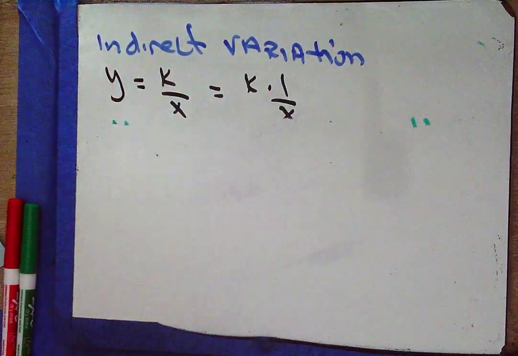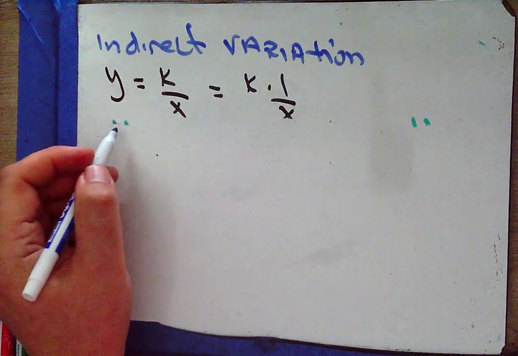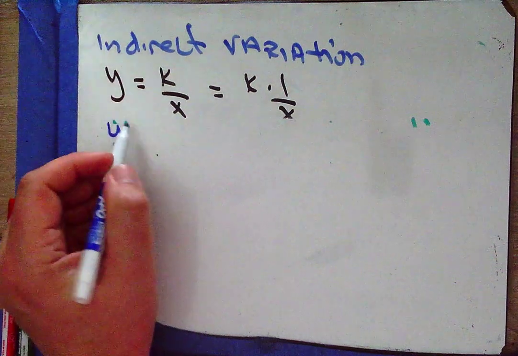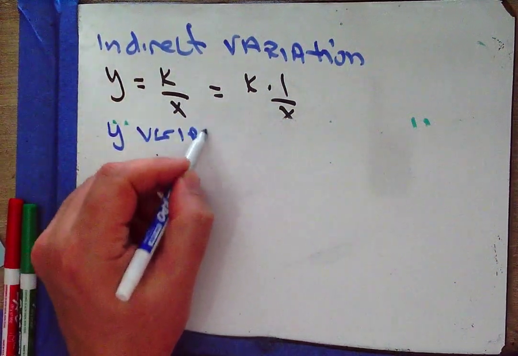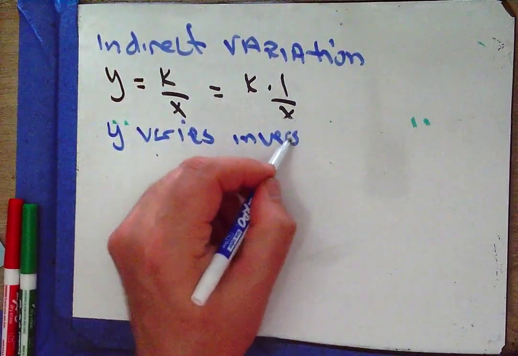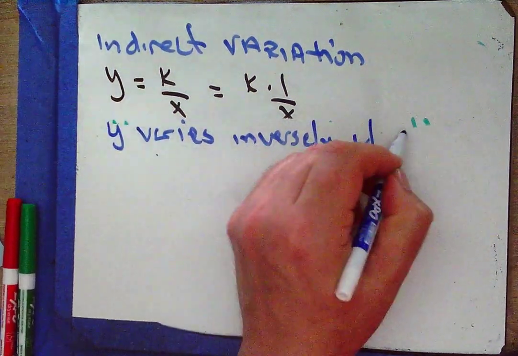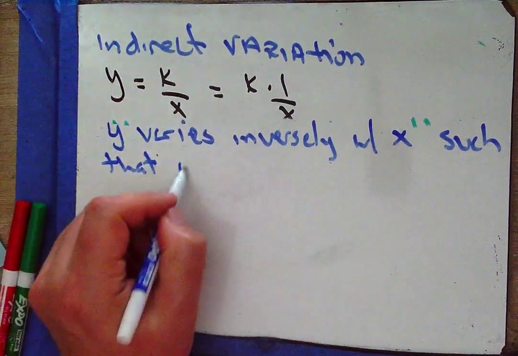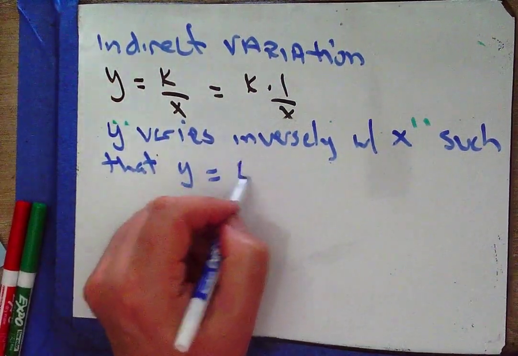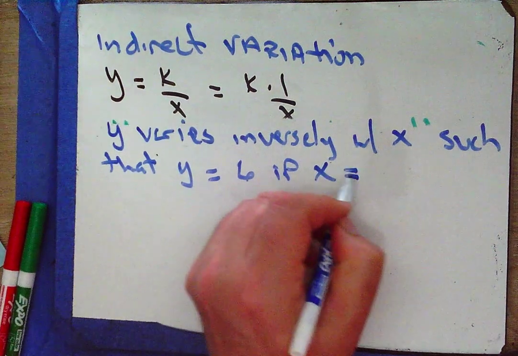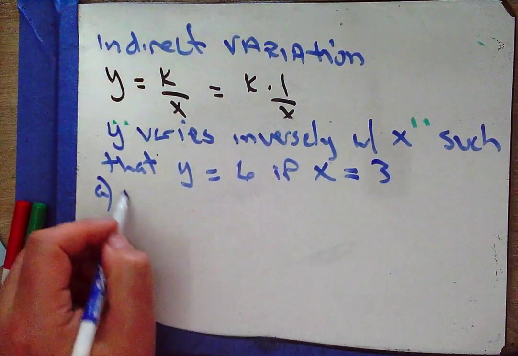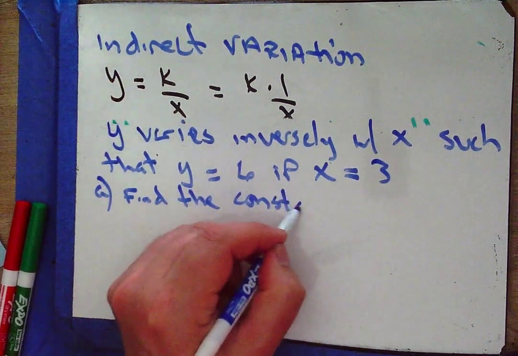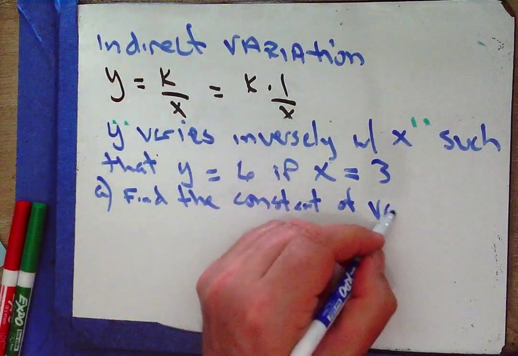So here's a sample question. They say y varies inversely with x such that y equals 6 if x equals 3. A, find the constant of variation.